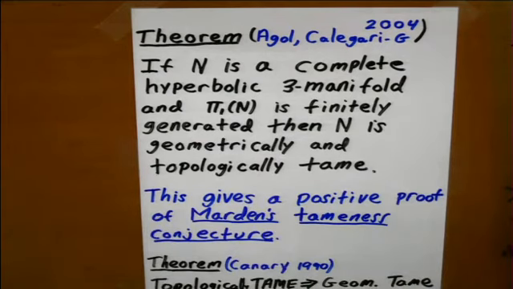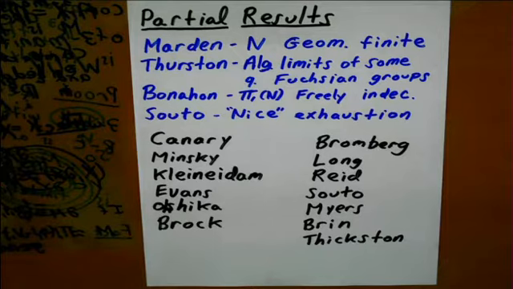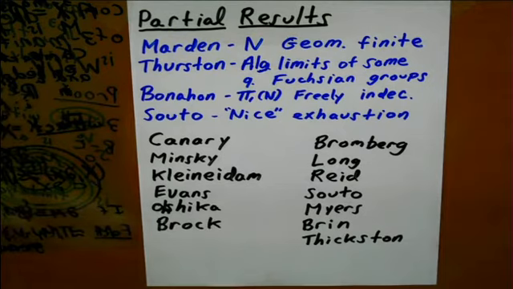and I highlight four of them, and then I mention various authors, and I'm sure I've left people out. Marden, to start with, formulated this conjecture, and as he thought about geometrically finite a little bit differently, he proved it for geometrically finite.